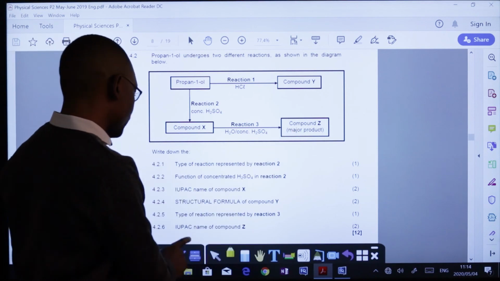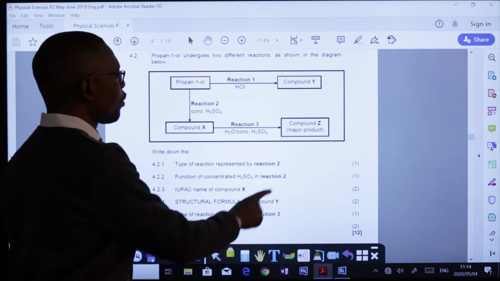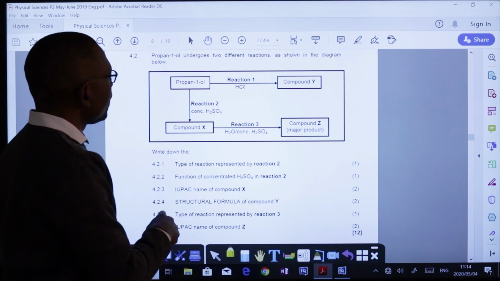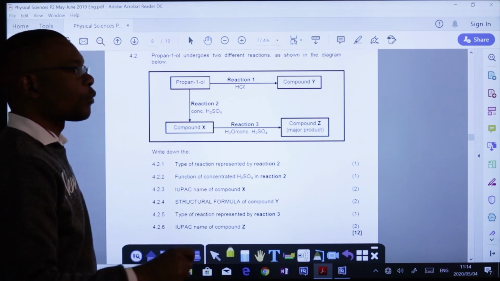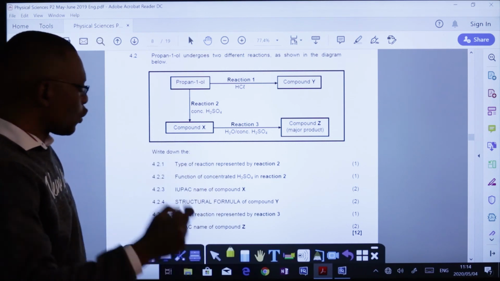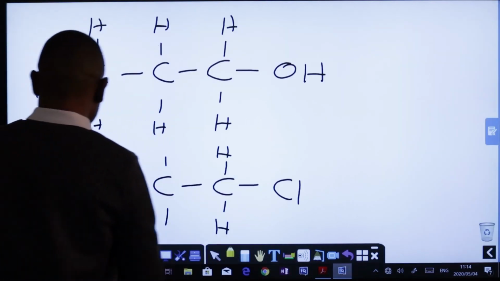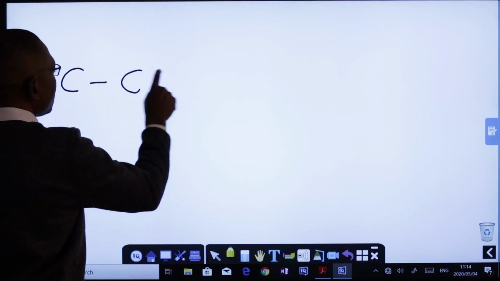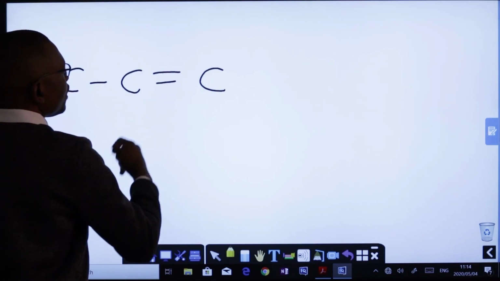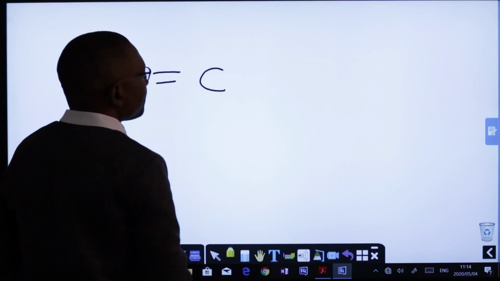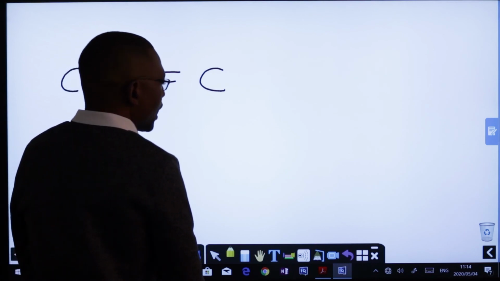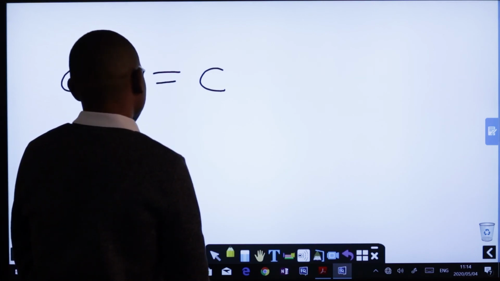So we are going to have the IUPAC name of the compound being 2-propanol or propan-2-ol. So if I'm to write it down, remember it was something like this initially, and then we are adding water across it through an acid catalyzed hydration.